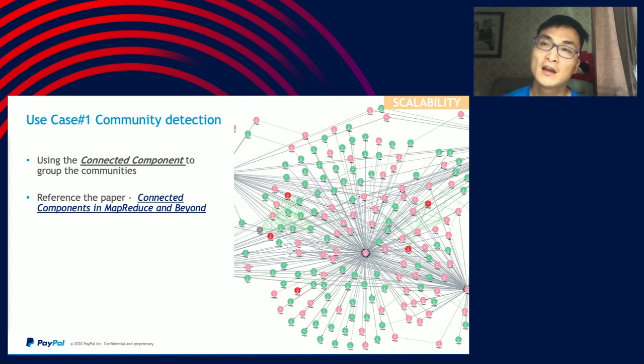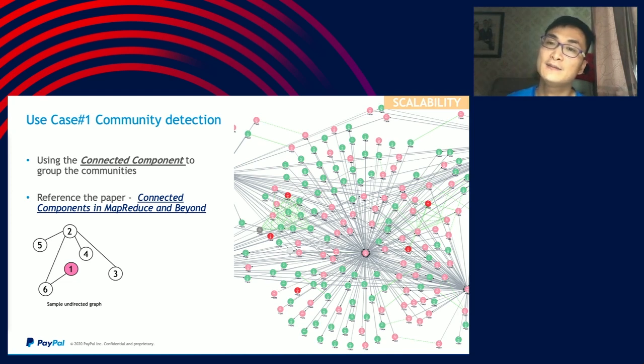Here I would like to take an example to illustrate how the connected component is generated. By the way, we refer to this paper for the implementation of the connected component algorithm. If you are interested, you can take a look.